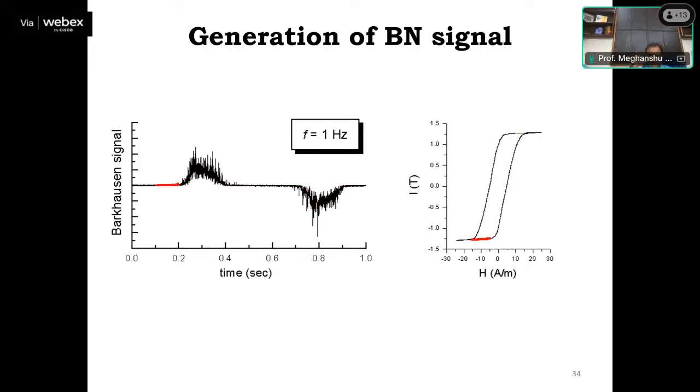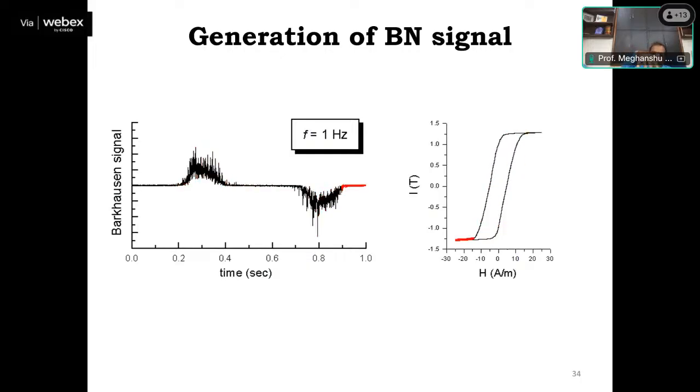When we increase the frequency of the applied magnetic field, the magnetic field that will penetrate inside the material will decrease. Please be careful. When we increase the frequency of applied magnetic field, the depth of penetration of the magnetic field inside this material will decrease.